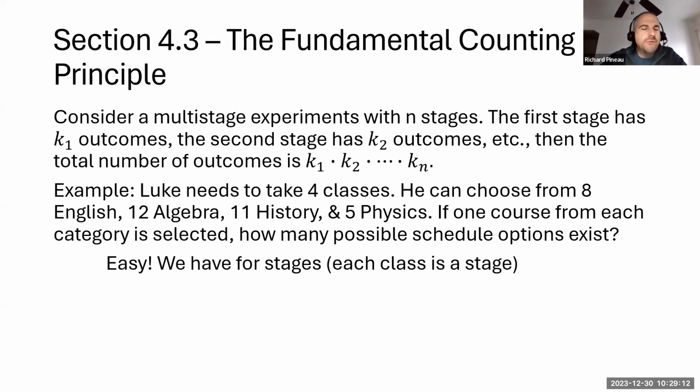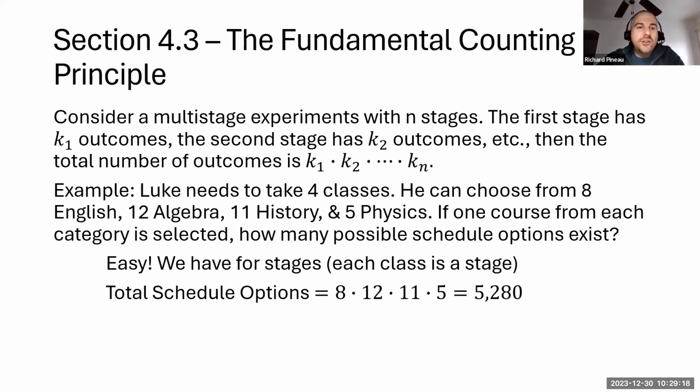Okay, since we have 4 stages here, each class being represented as a stage, we have the total options. Well, how many different outcomes do we have for each? English has 8, algebra has 12, history has 11, physics has 5. So that's a grand total of 5,280 different schedule options that can be created.